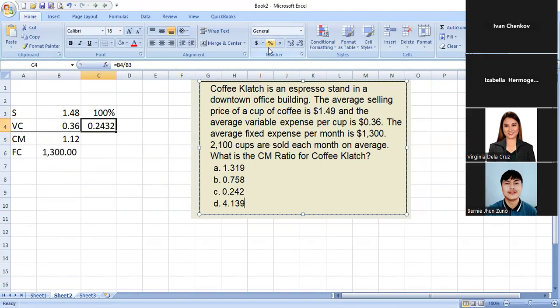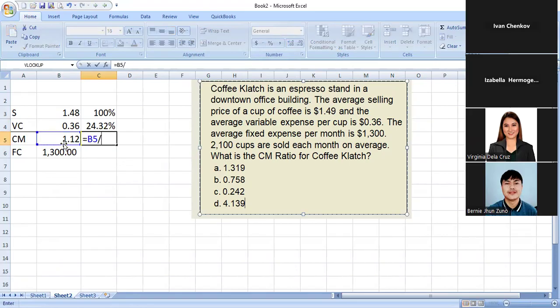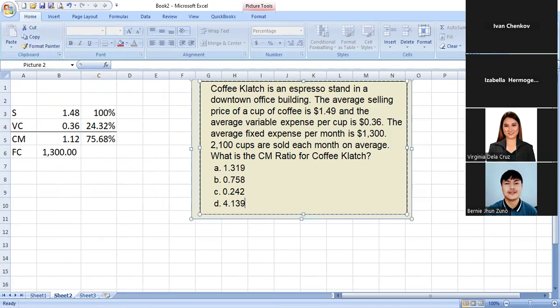As a percentage, that will be 24.32%, and the other one will be equal to 75.68%, or as a number it's going to be 0.758, and that will be our answer here.